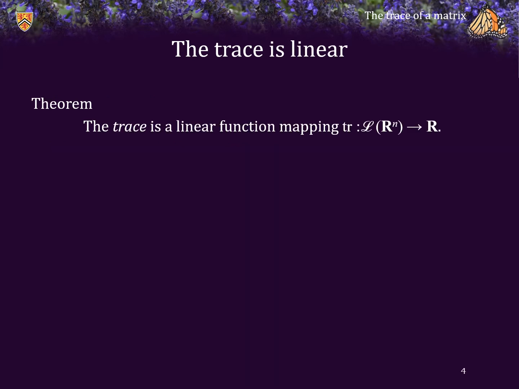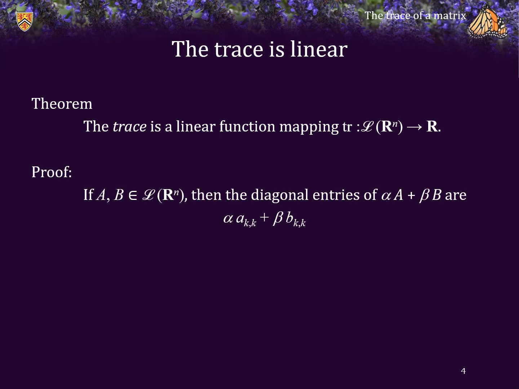Now, theorem. The trace is a linear function mapping the space of all linear operators on R^n to the reals. Proof. Well, if A and B are linear operators on R^n, then the diagonal entries of alpha A plus beta B are alpha times A_kk plus beta times B_kk for k going from 1 to n.